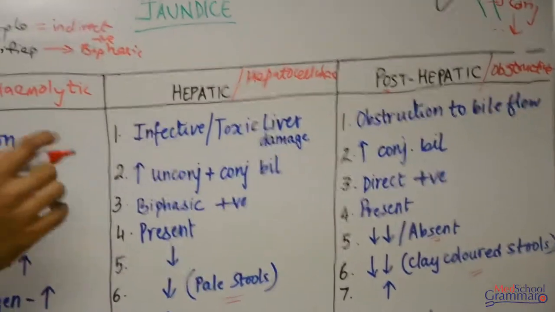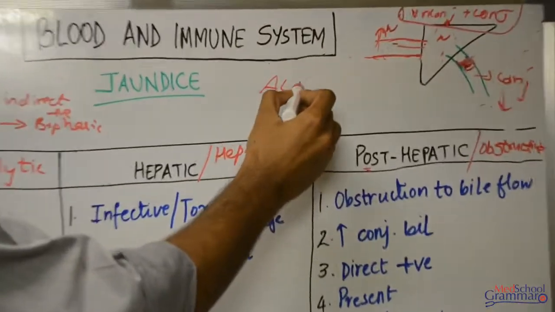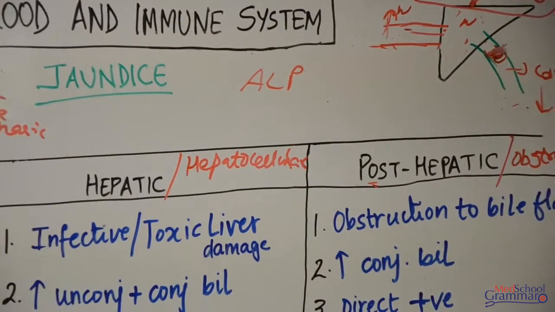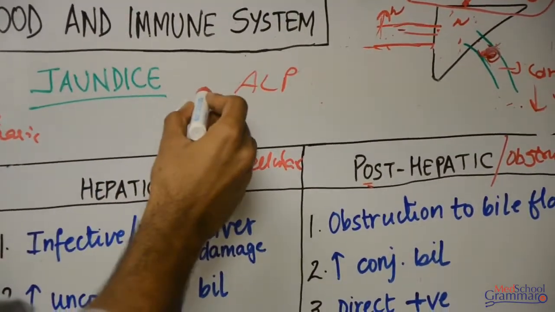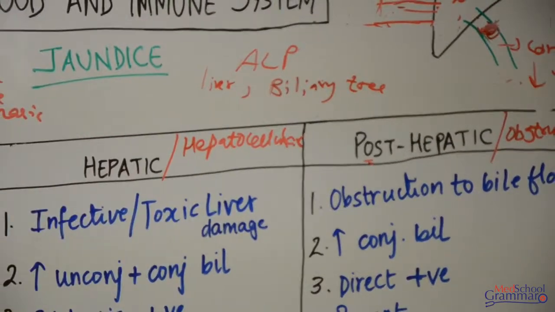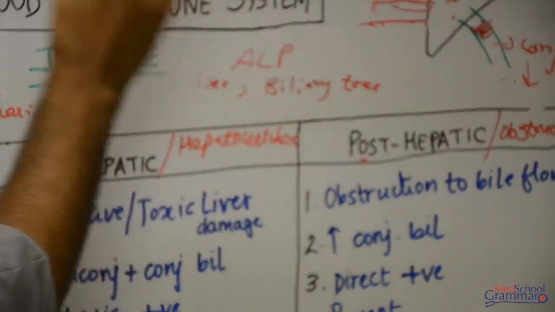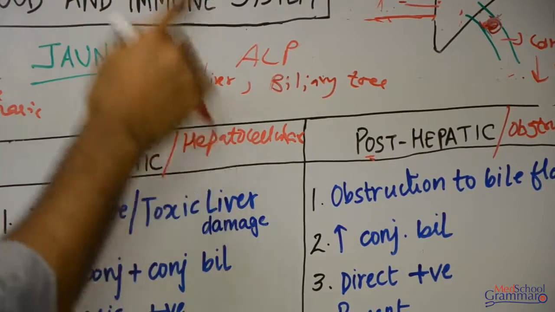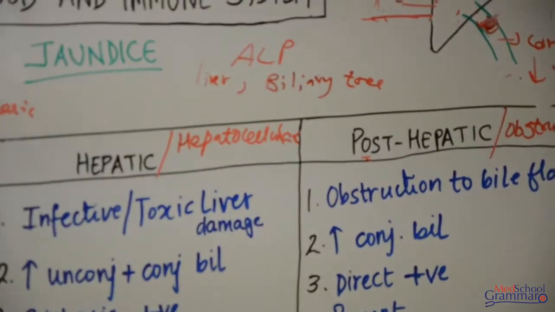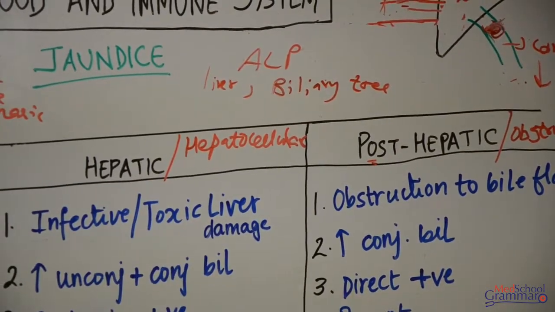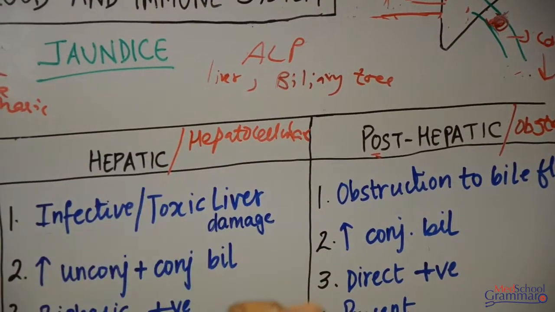Now, you need to know that serum alkaline phosphatase is present in various tissues. Alright, it is present in small amounts in the liver, whereas it is present in very high amounts in the biliary tree. Now the concept of raised enzyme levels is this: wherever the enzyme activity is seen, if that site or that organ is damaged, the amount of enzymes leaking from that organ into the blood will increase, so the enzyme level will increase.